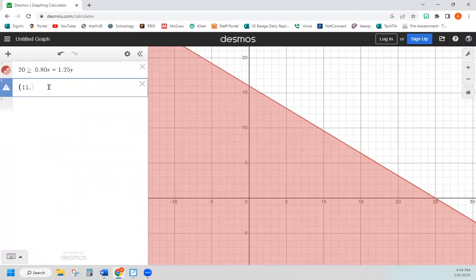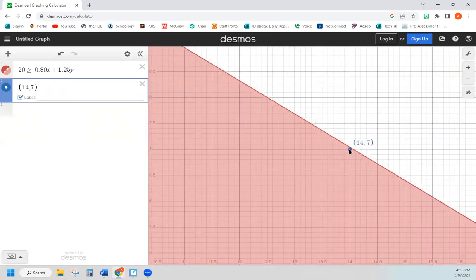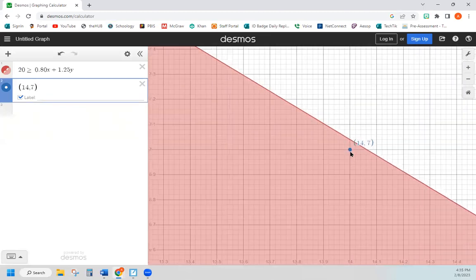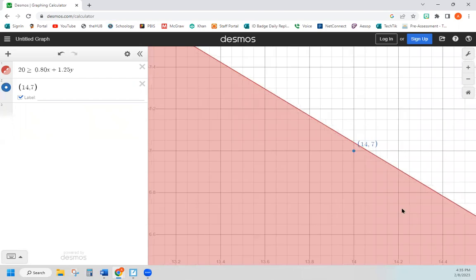Oh, 14, 7. So that's where my point is at. It looks like it's on the line, but what happens when I zoom? Zoom, zoom, zoom. Oh, very, very close call. You see that? So that is why that did not generate $20 exact.